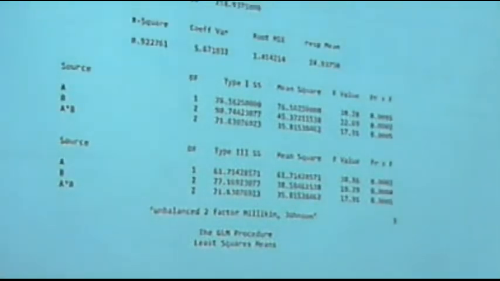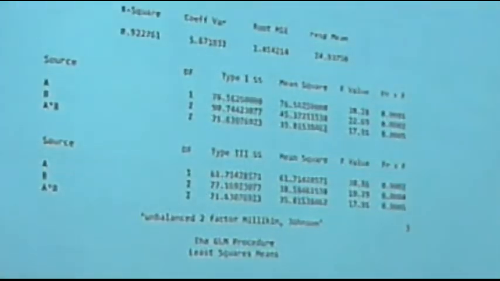Now, what you can turn the page back and check is that these are what we got in Minitab. So Minitab is giving us the type 3 sums of squares and F statistics from them. Okay.